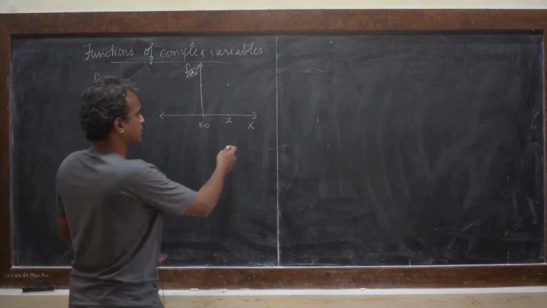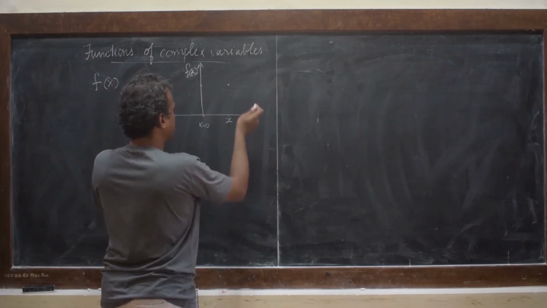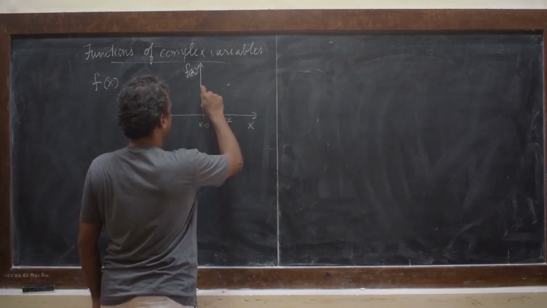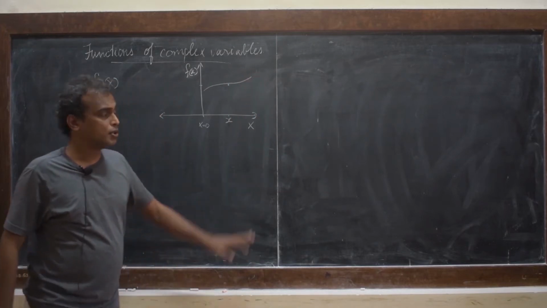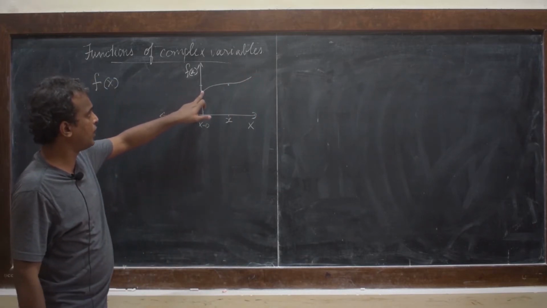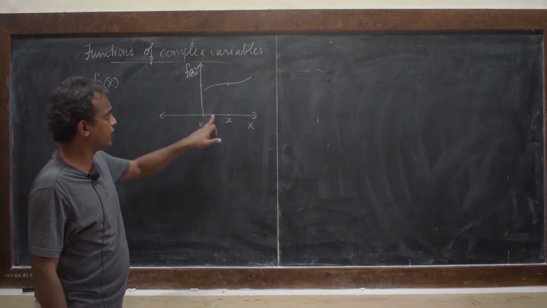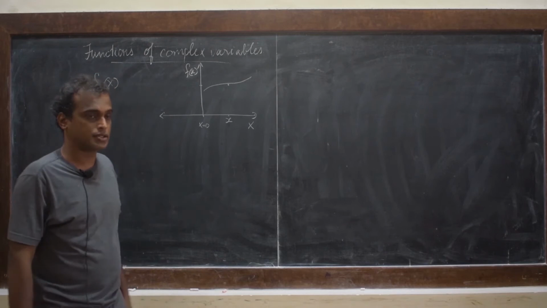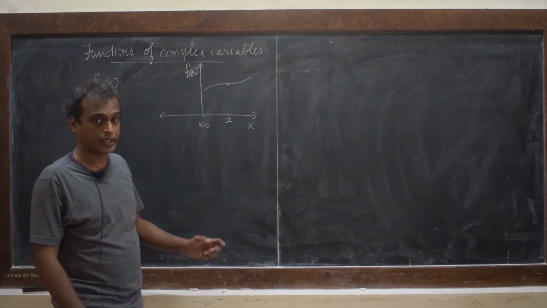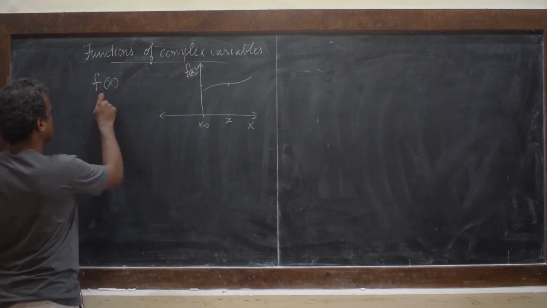I could continue this exercise for every point and obtain a plot or a curve in general that provides values of f of x for every value of x. This is something that we are familiar with in the case of a function of a real variable.